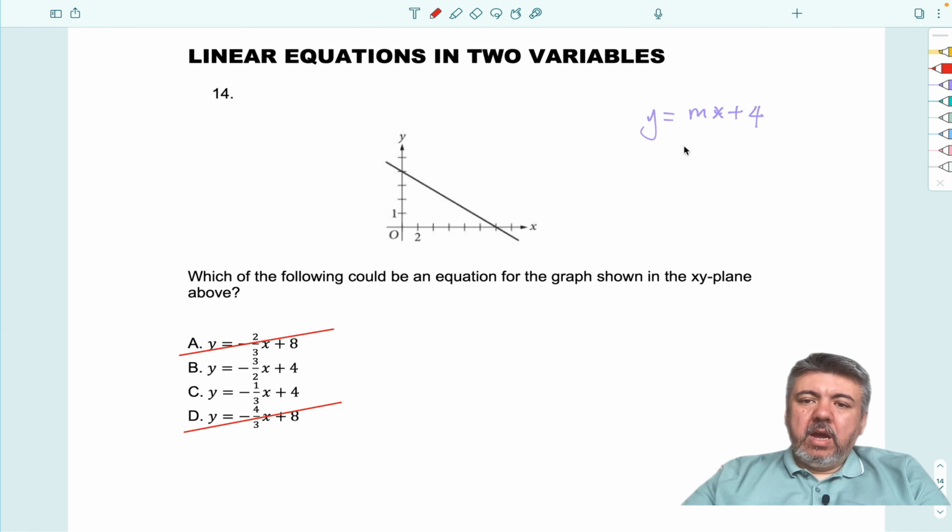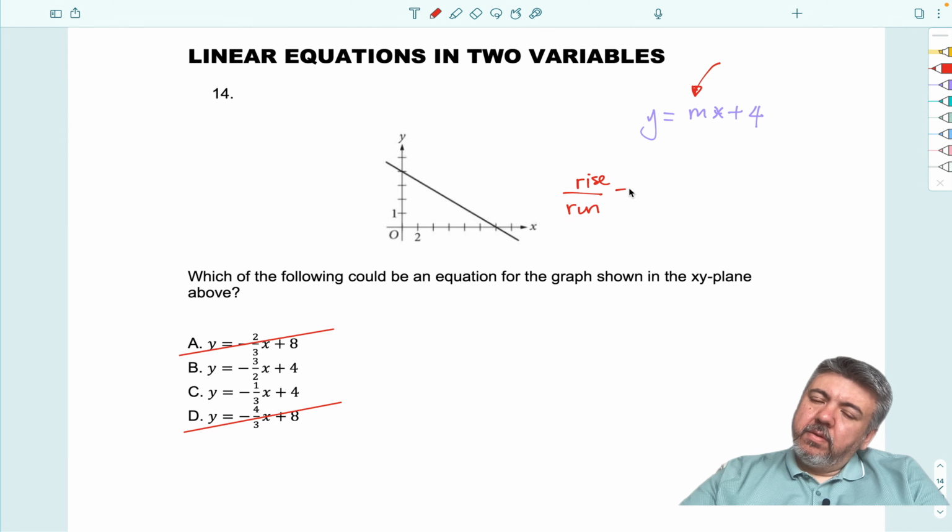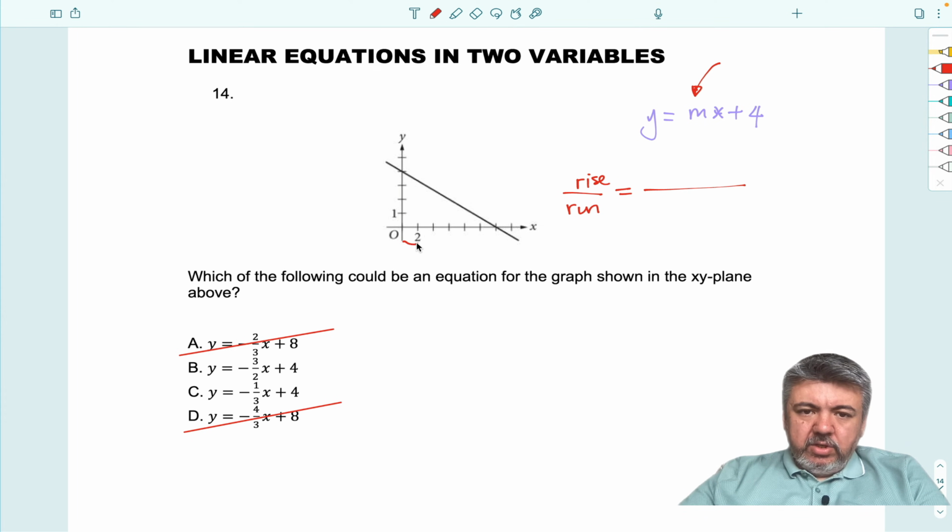What next? Now we will talk about slope. What is rise over run? From here, run is 2, 4, 6, 8, 10, 12. Rise 1, 2, 3, 4.